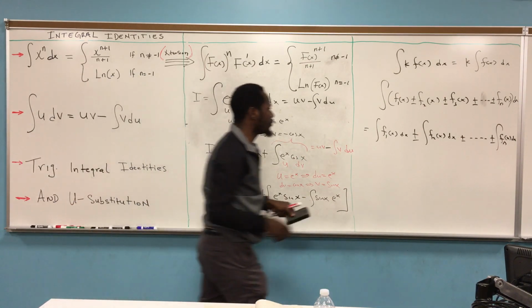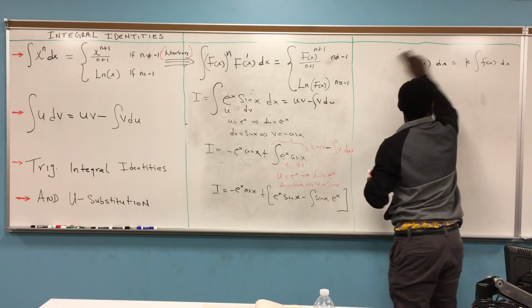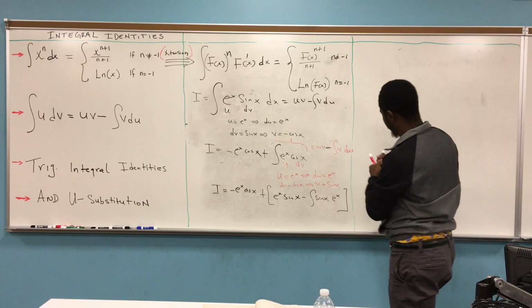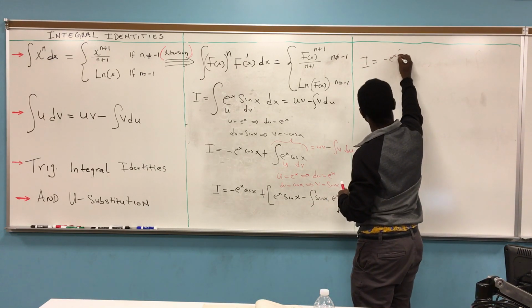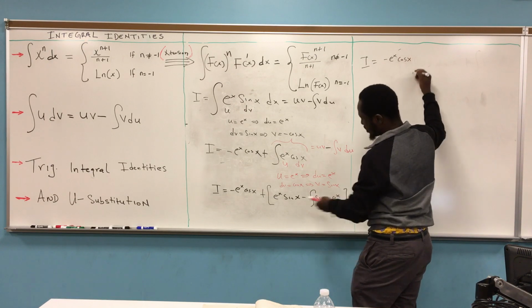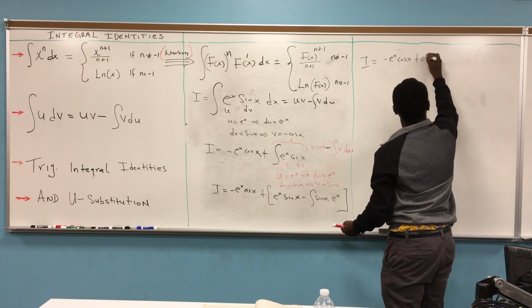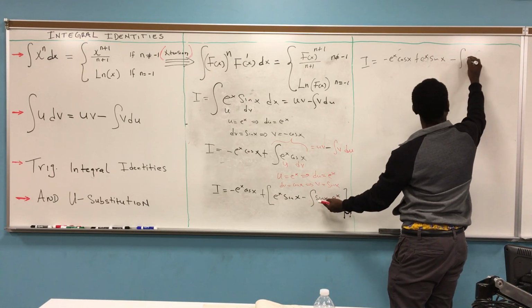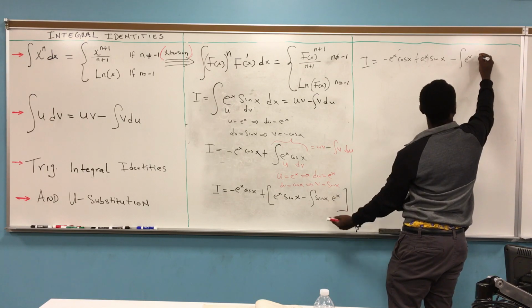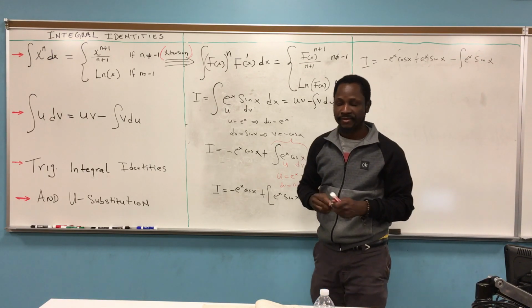I will continue up here. Now, I is equal to negative e to the x cosine x. I'm going to expand this, plus e to the x sine x minus integral e to the x. I'm just rearranging sine x. Now this is where you have to factor.